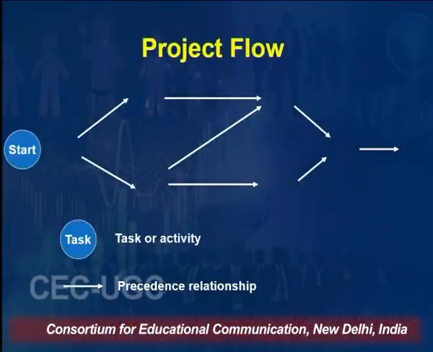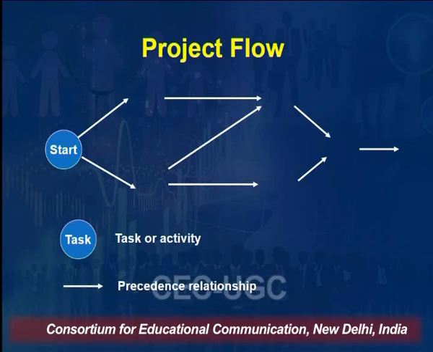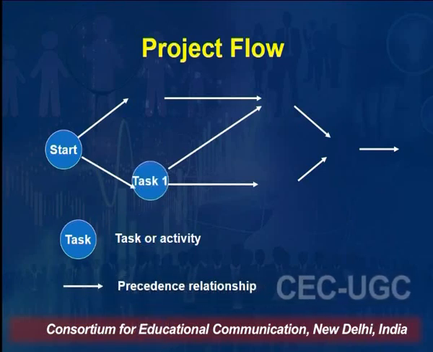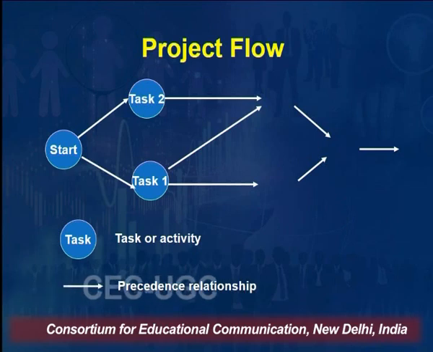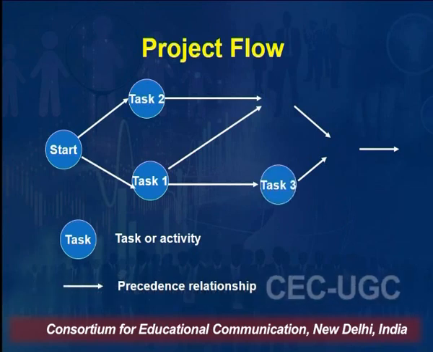Then there could be a project flow. In a project flow, there is no pattern as we have just seen. For example, you start at this point, then you have to do task 1, then simultaneously task 2 is taking place, and task 3.